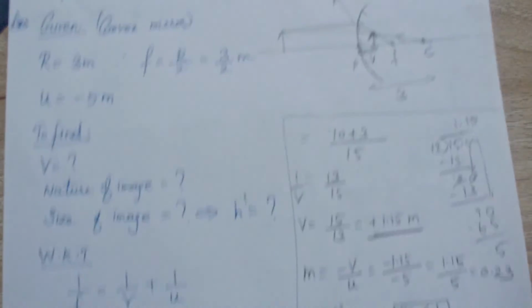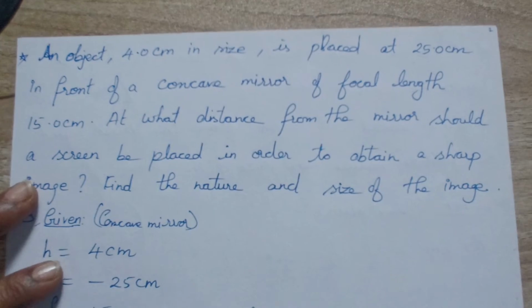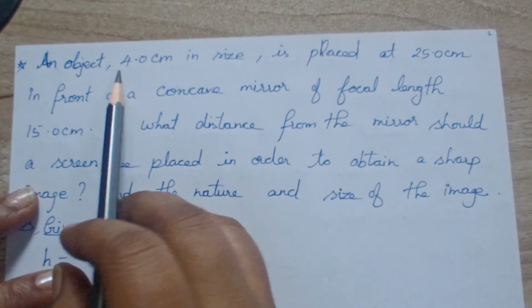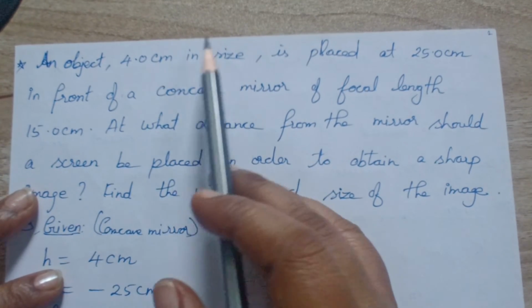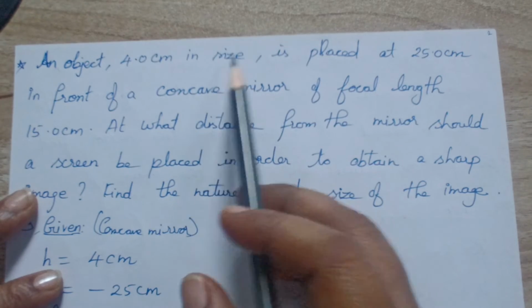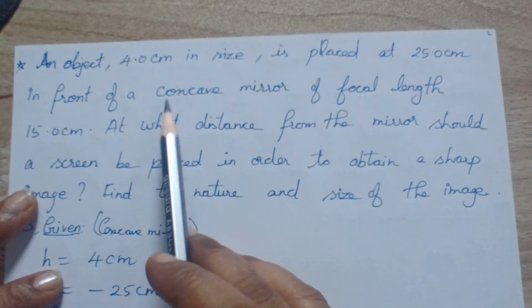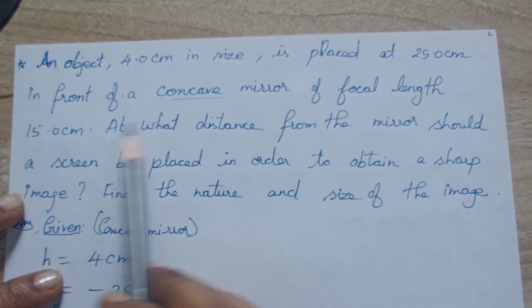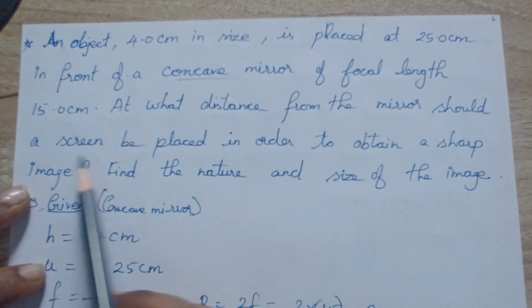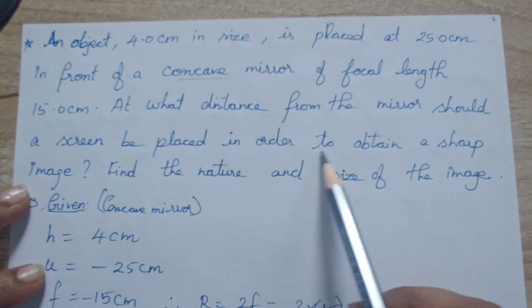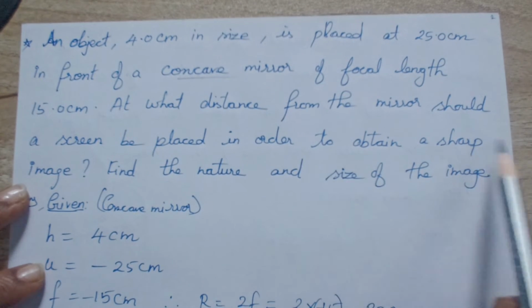Okay, next question. An object 4 centimeter in size, that means the height of the object is given, is placed at 25 centimeter in front of a concave mirror of focal length 15. At what distance from the mirror should it be placed in order to obtain a sharp image?